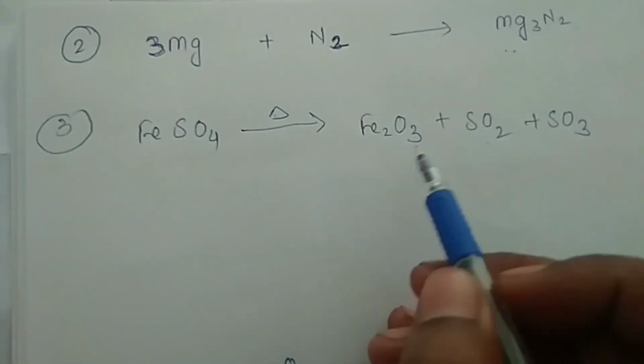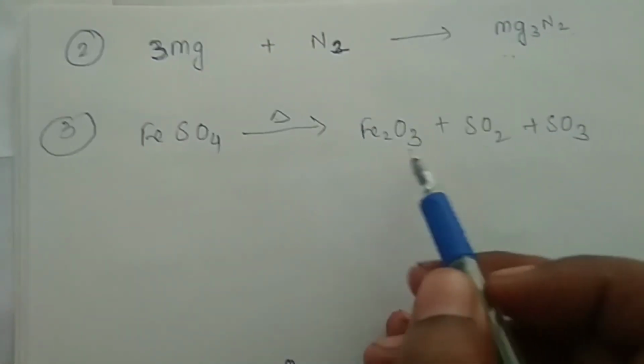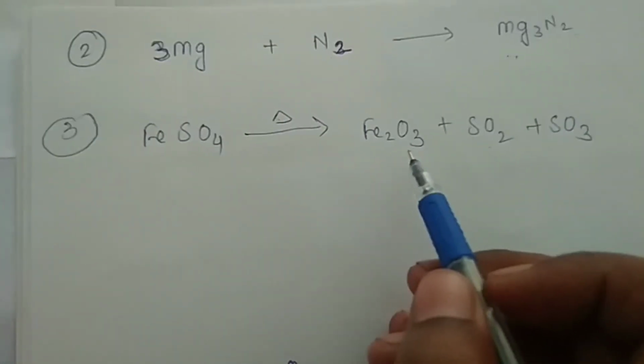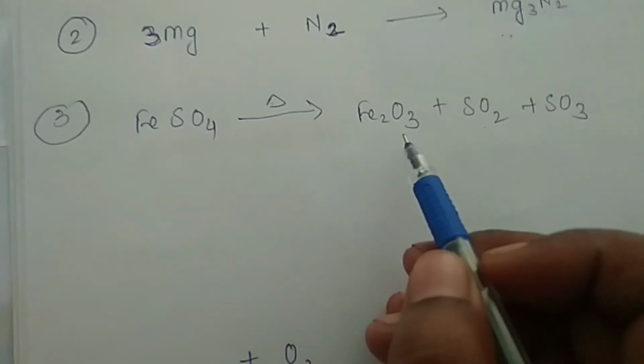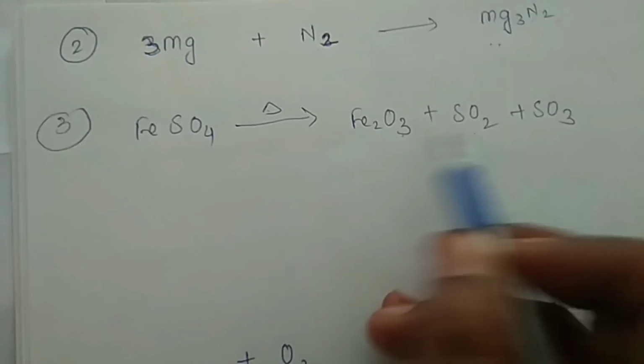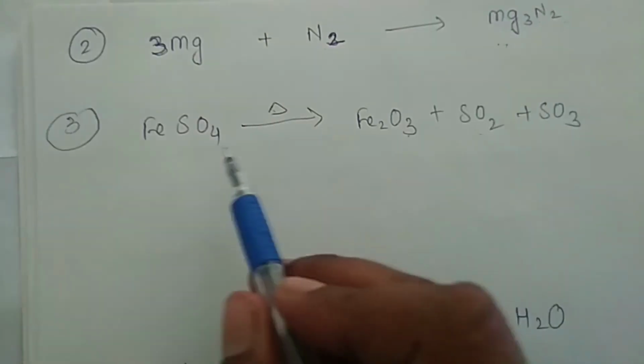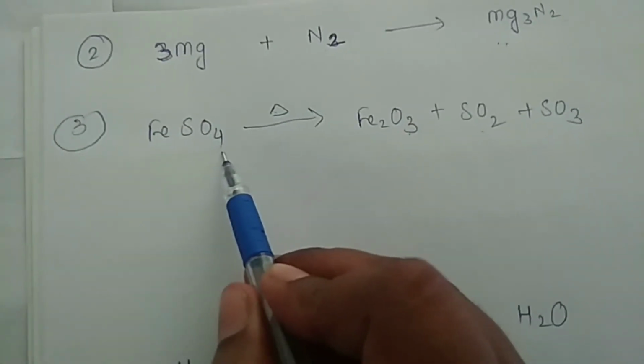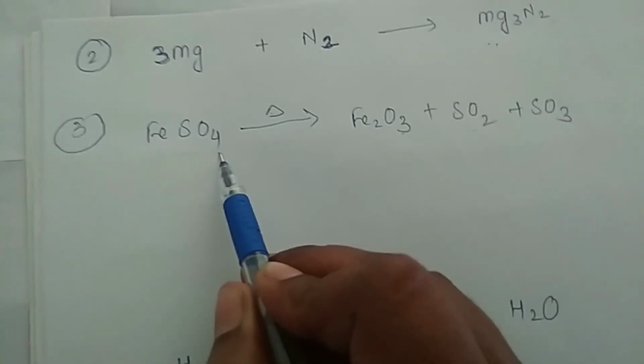Now count which atom is given in maximum number. We observe that oxygen is in maximum number: 3 plus 2 is 5, 5 plus 3 is 8 on one side, and 4 on the other. It means oxygen on both sides is maximum in number.